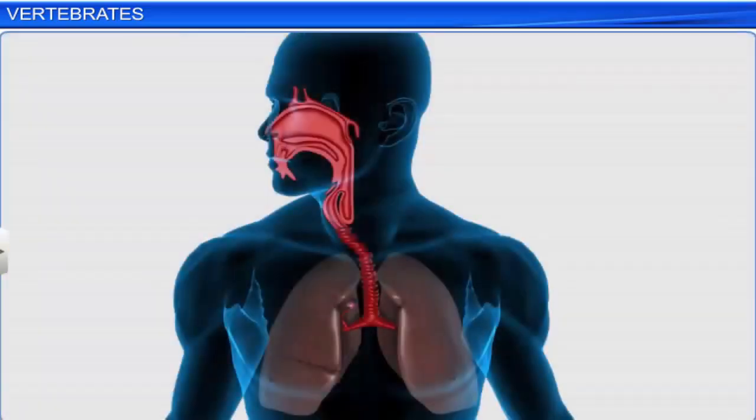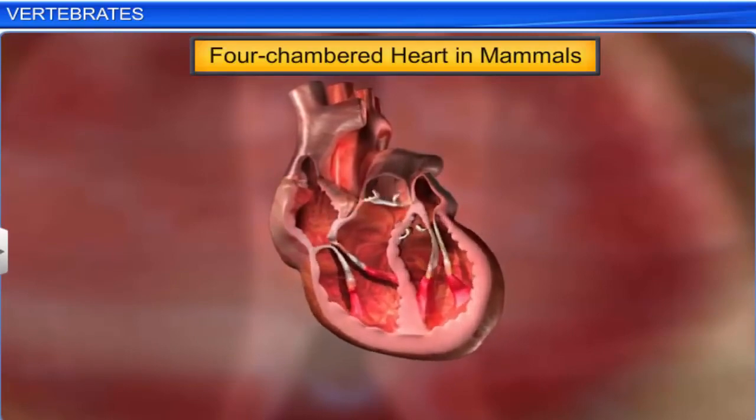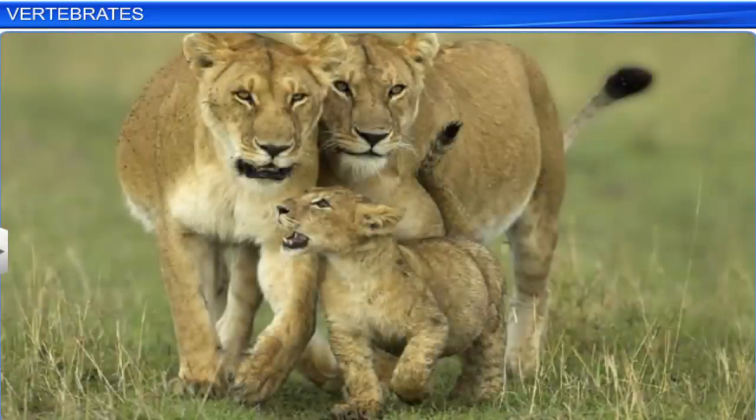Mammals respire through lungs. They are warm-blooded and have a 4-chambered heart. In mammals, the sexes are separate and fertilization is internal. They are viviparous. However, some are oviparous and exhibit direct development.